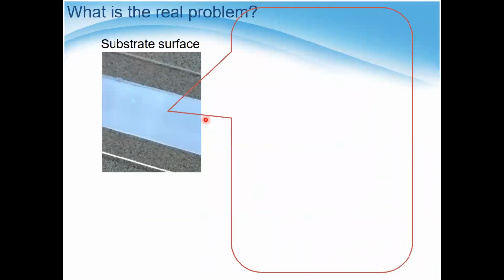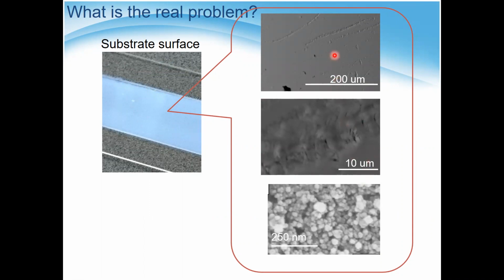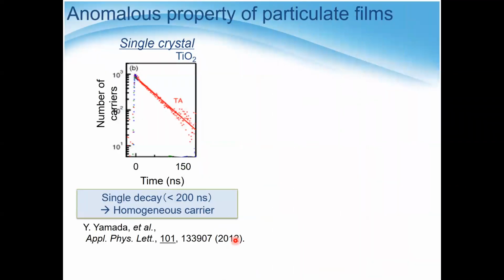And you can see that this is TiO2 nanoparticulate film. And if you look into that on the various spatial scale, you can find many different types of defects or cracks and also aggregates. Is this a real problem?